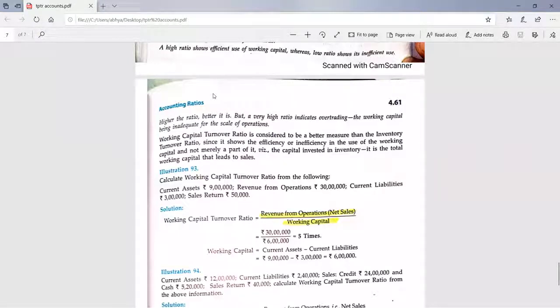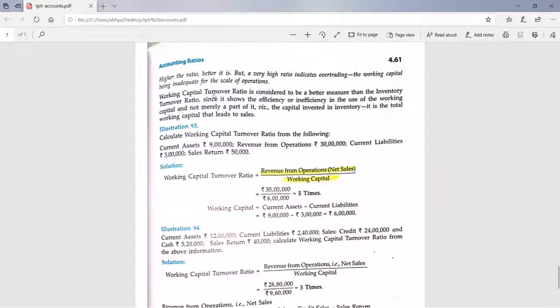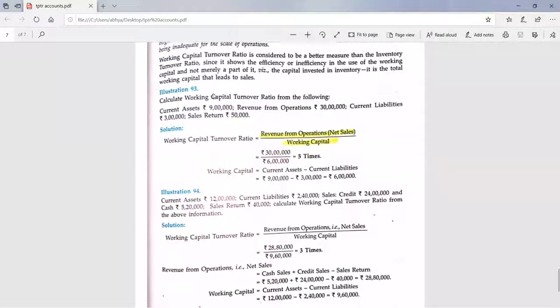Cash sales plus credit sales minus returns. Credit sales 24 lakh and cash sales 5 lakh 20,000, so 29 lakh 20,000 minus 40,000, which is 28 lakh 80,000.